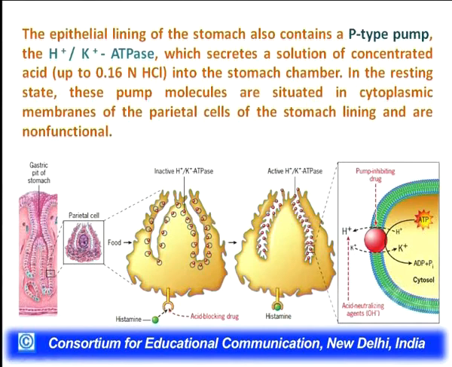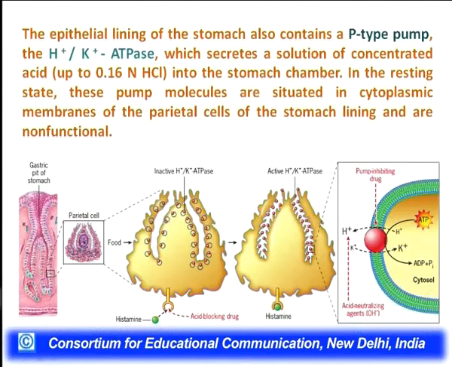So we all know that the content of the stomach is acidic in nature, and there are certain cells in the epithelial lining of the stomach which release this acid into the stomach for the digestion to take place, and the release of this acid into the stomach by these parietal cells is through these particular ion channels, which are called the H plus K plus ATPase.